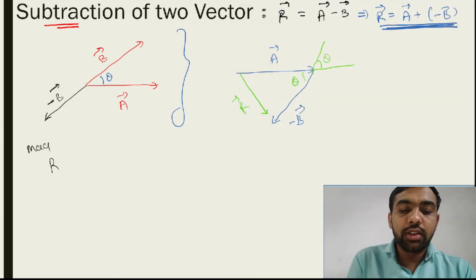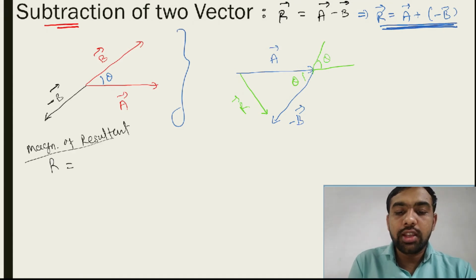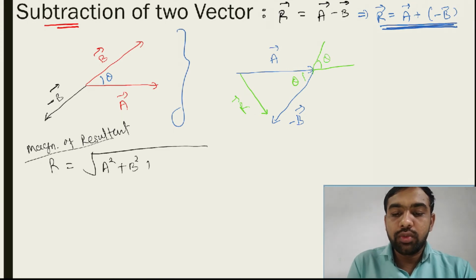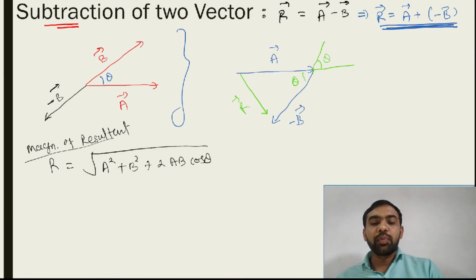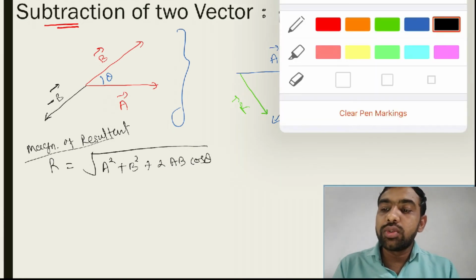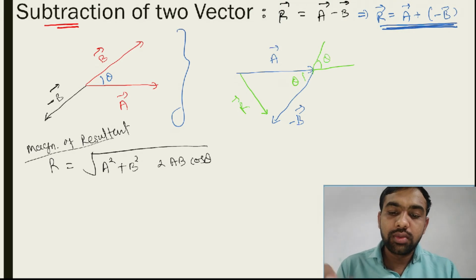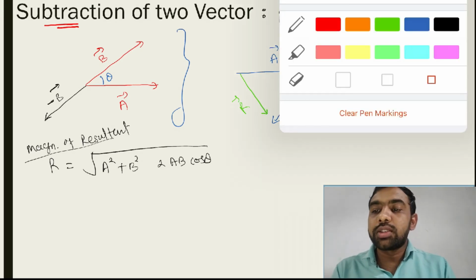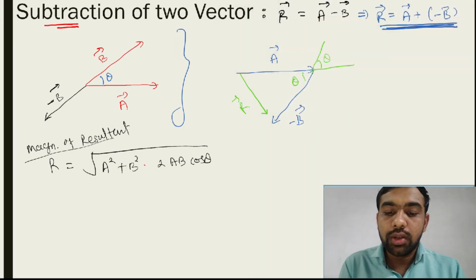The magnitude of the resultant R is equal to the square root of A squared plus B squared minus 2AB cos theta. Here you just replace the plus sign with the minus sign.